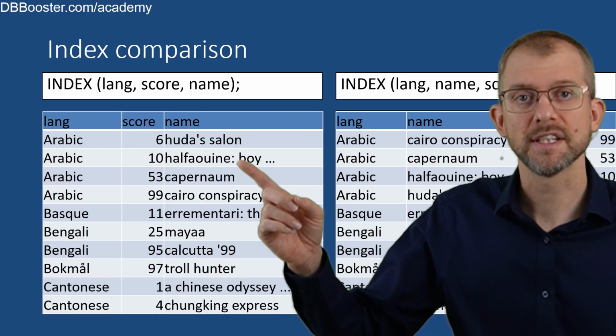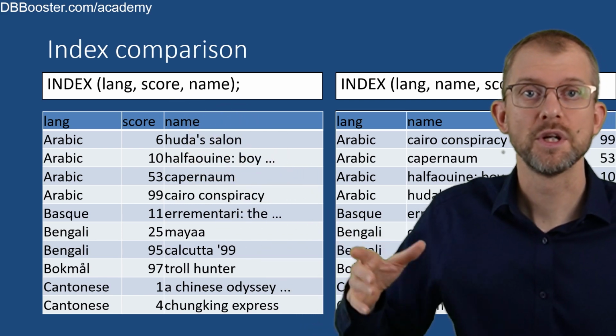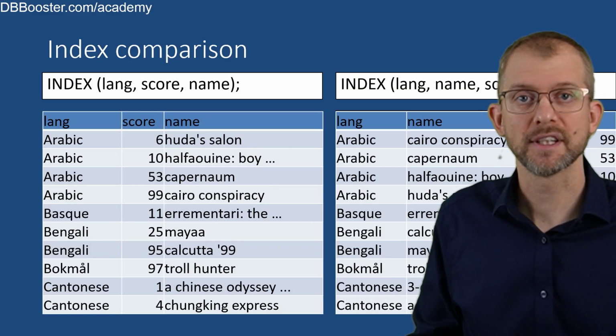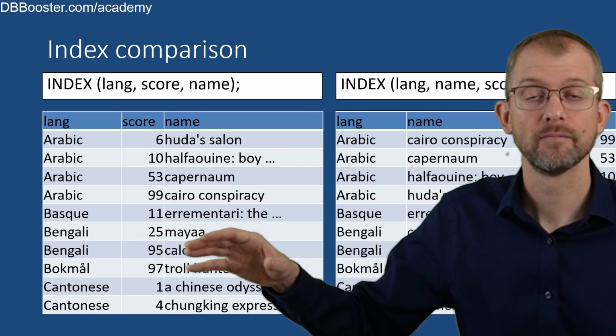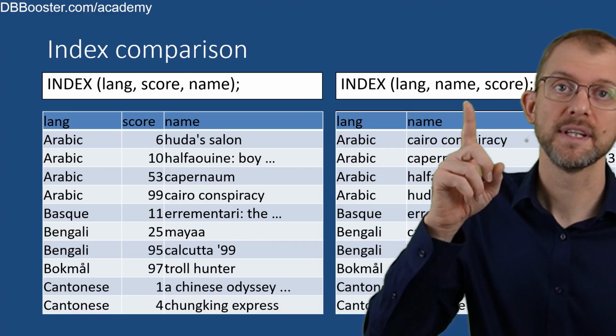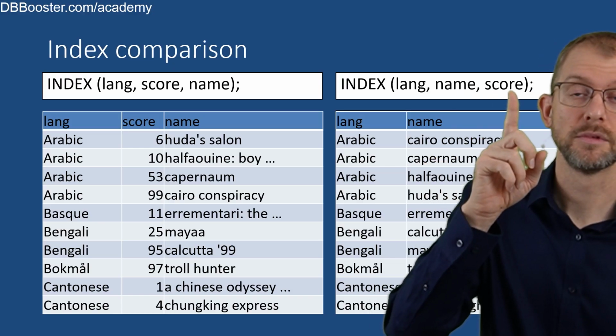But in the first index, the next column is score, which is also used in the condition. So the index can use both language and score to traverse the tree. However, in the second index, the second column is name, and score is the third column.